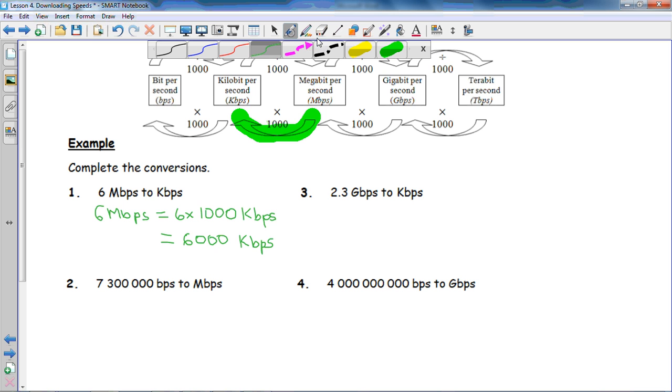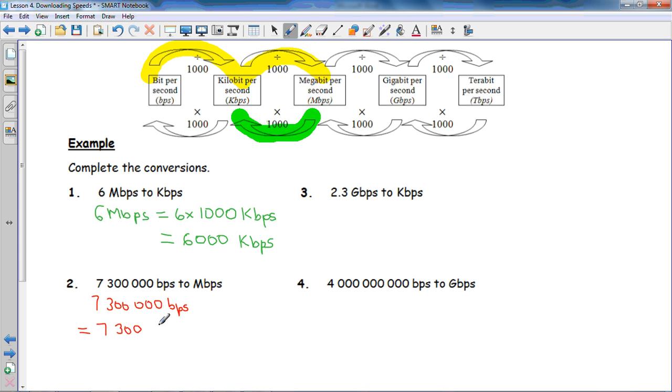Our next example, we are going from bits per second to megabits per second. So we're going to divide by 1,000 and we're going to do that twice because we're converting between two sets of units. So bits per second equals 7 million, and we're going to divide by 1,000 twice.